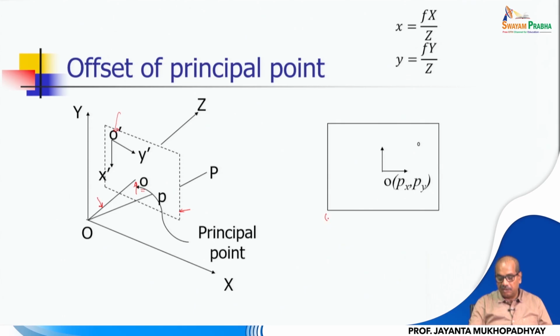Say this is your origin in your coordinate space, and this is your principal plane. Once you have observed xy in the canonical setup with respect to this coordinate transformation, this becomes the new transformation.